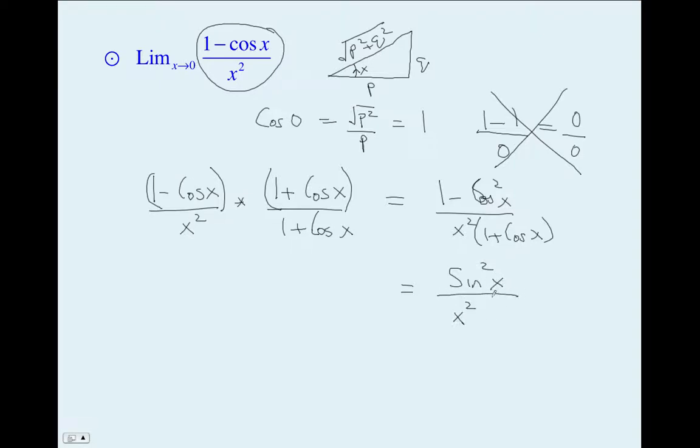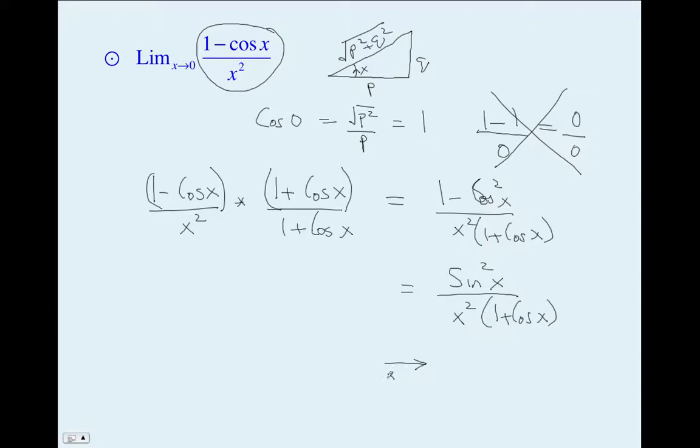So I have the above exactly equal to this. However, now I'm going to use the fact that as x becomes very, very small, sine of x becomes very, very close to x.